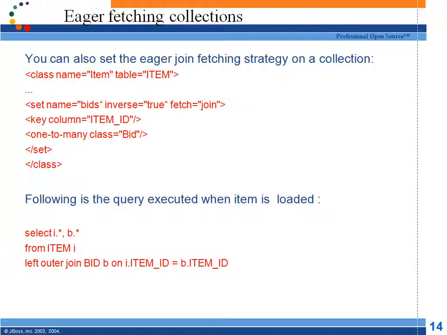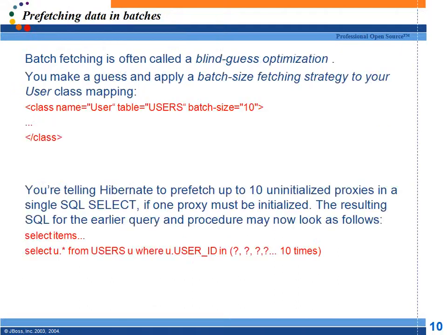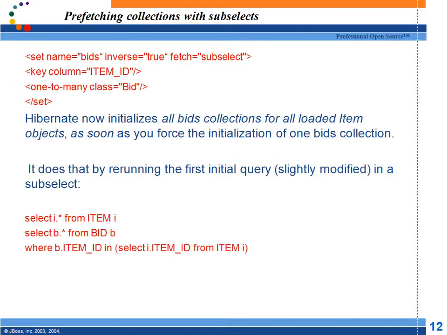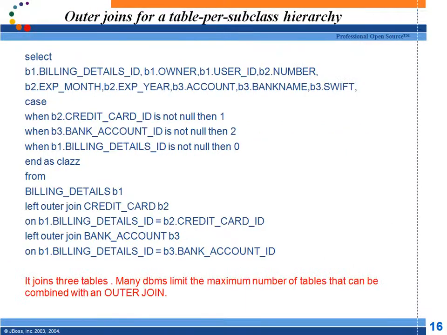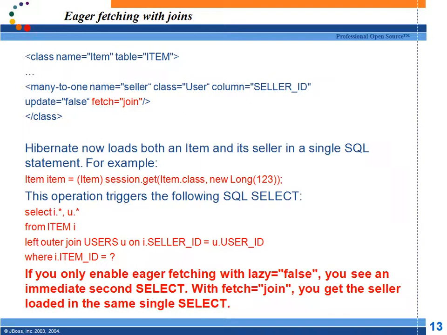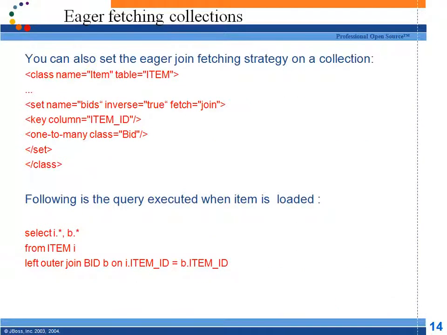This is for a collection. There it was for a many to one relationship, I said. It should get only the matching seller for this item. Here it is an inner join, but here it is a collection.